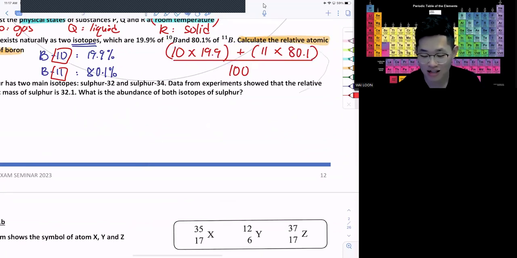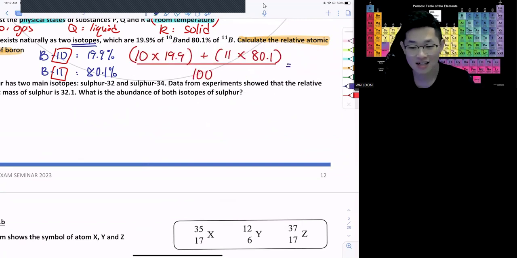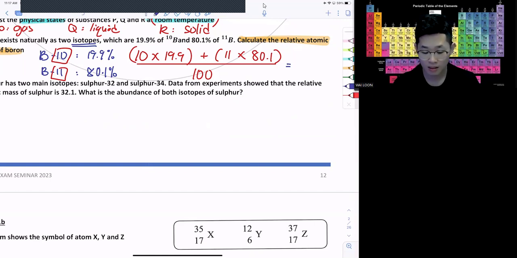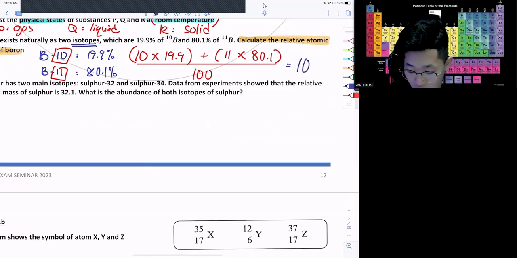Press your calculator and then you are going to get, how much did you get? 10.8, yeah?